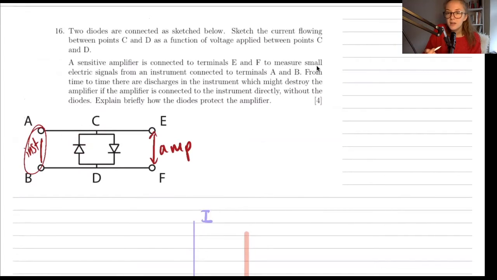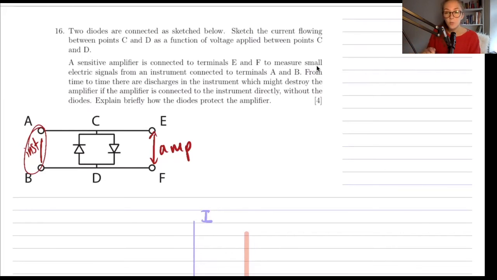So say we have, I don't know, a microvolt signal coming from the instrument, we probably wouldn't detect that easily, so our amplifier will ramp this up. But say we have some kind of a voltage surge from our instrument, and suddenly it sends 10 volts through. And if we are ramping that up hundreds of times, then we will get a ridiculous signal come to the amplifier and potentially break it.